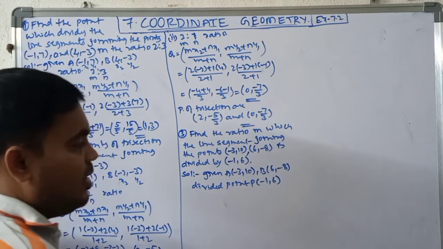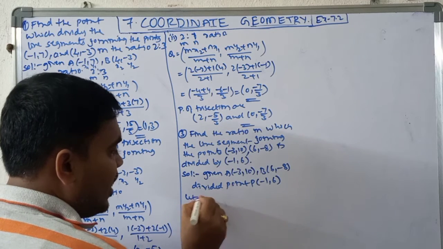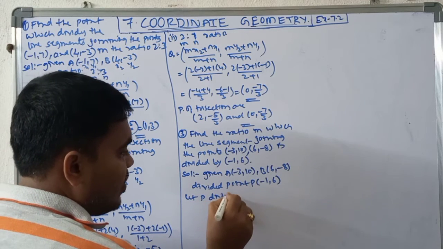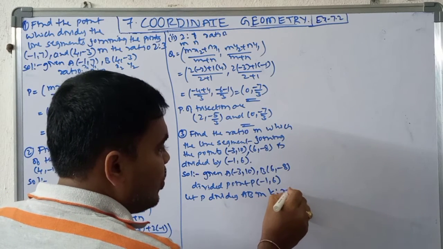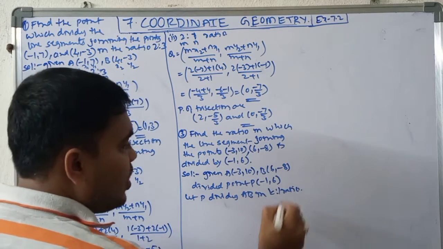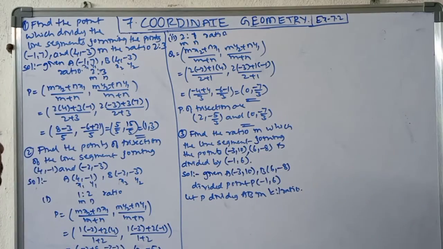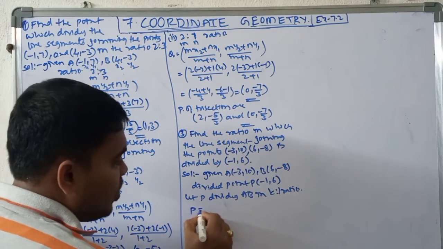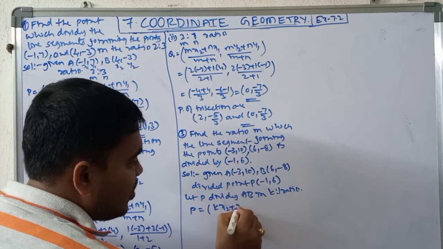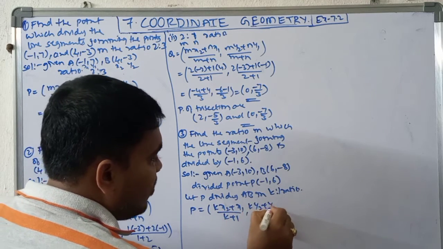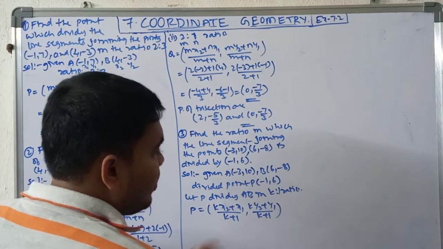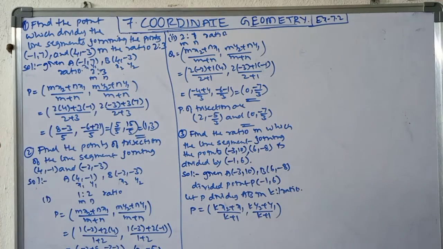Let us consider this is P. So let P divide AB in the ratio k:1. Now the formula is P equals (kx2 + x1)/(k + 1), (ky2 + y1)/(k + 1). This is the formula.